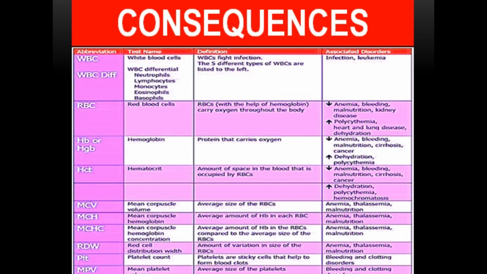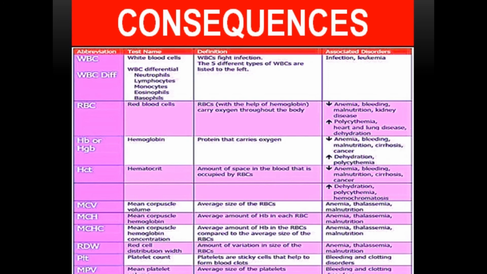If RBC count decreases below normal, then there will be anemia, bleeding, malnutrition, there may be kidney disease, as the hormone involved in the synthesis of the RBC comes from the kidney. And if there is polycythemia, that is increased RBC count from the normal, then there may be hypoxic condition, dehydration, or any heart and lung disease.